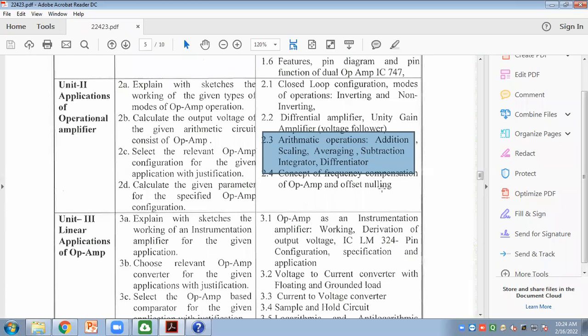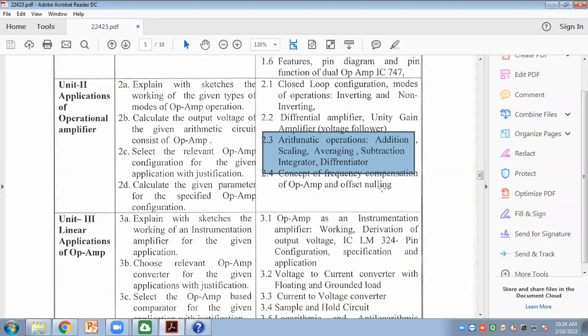IC 741 is used to add two signals. Whenever we apply two input voltages, suppose one input is 2 volt and the other input is 5 volt, so 2 plus 5 is 7 volt. IC 741 will provide an output voltage of 7 volt at the output terminal, pin number 6. At pin number 6, automatically it will add, just like a calculator.